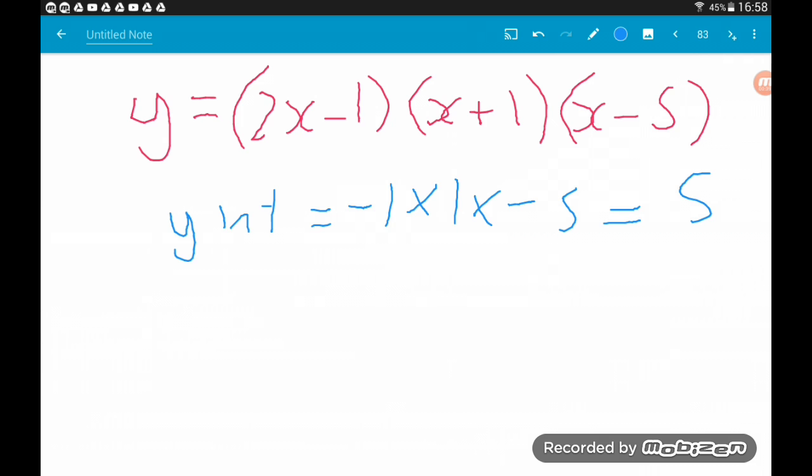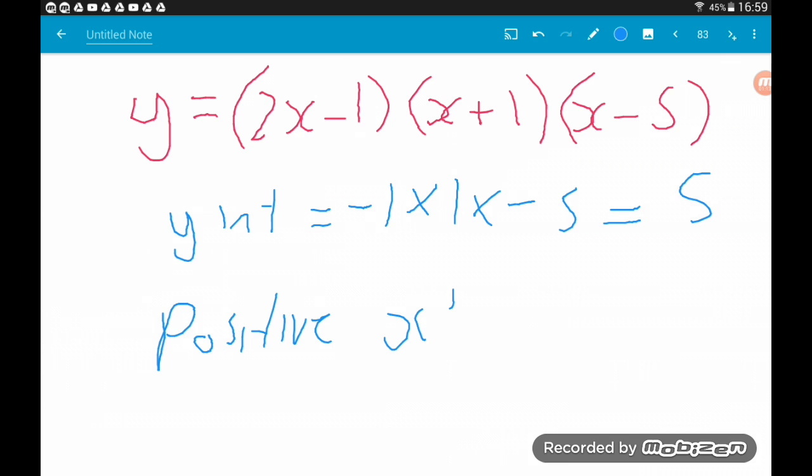Let's check whether the x cubed term is going to be positive or negative. So 2x times x is 2x squared, times x is 2x cubed. So again, we've got a positive x cubed term. So just like the last one, we're starting in the bottom left and ending up in the top right. Now we just need the three solutions.